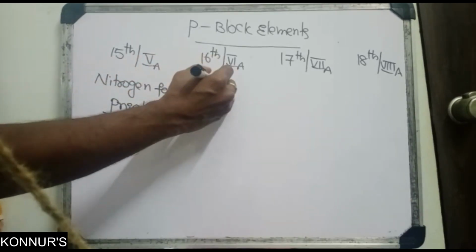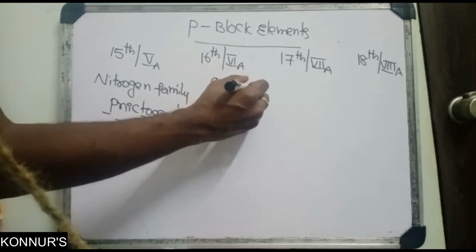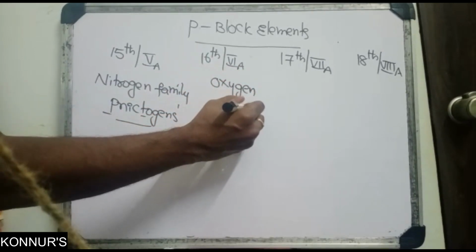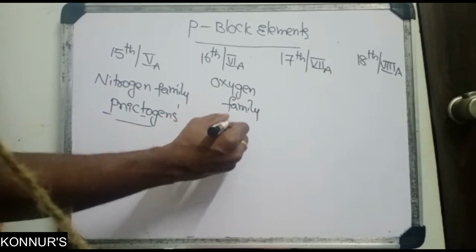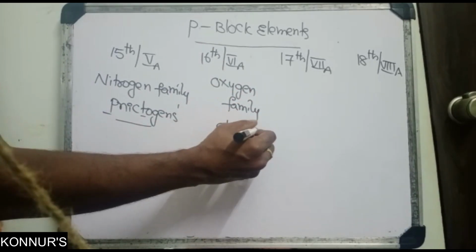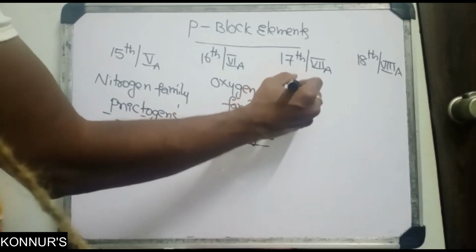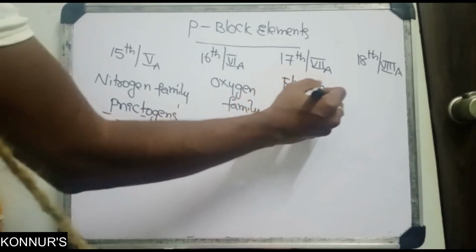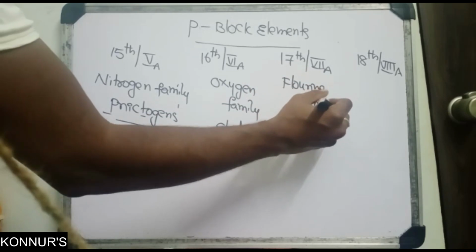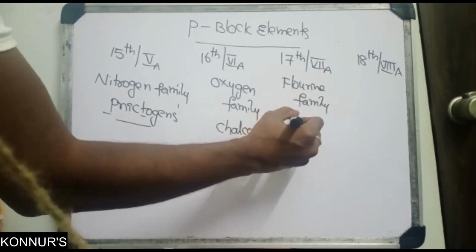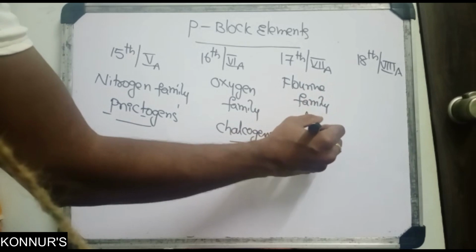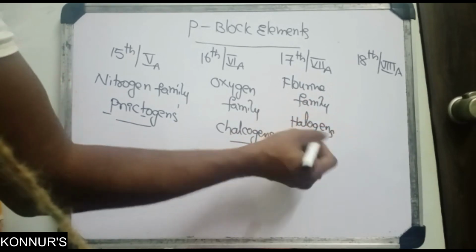Next, 16th group you call the oxygen family, and the special name is chalcogens. Next, this is the fluorine family, so these are halogens. The special name is halogens.